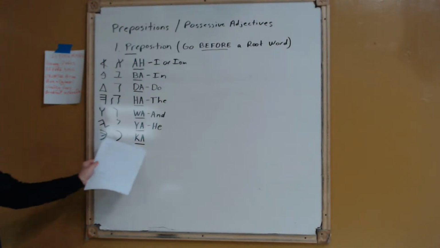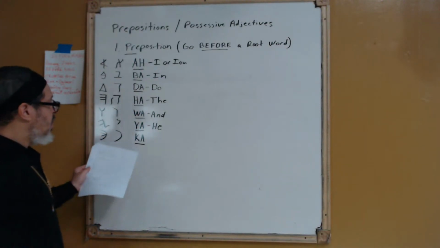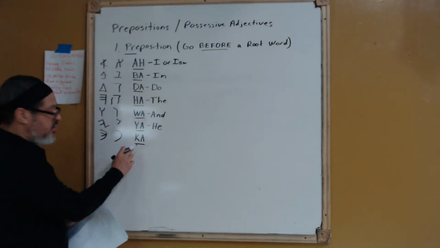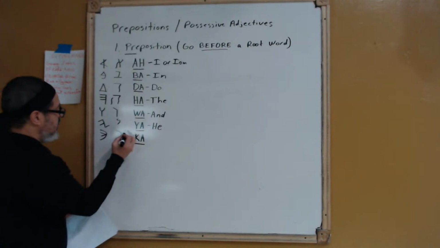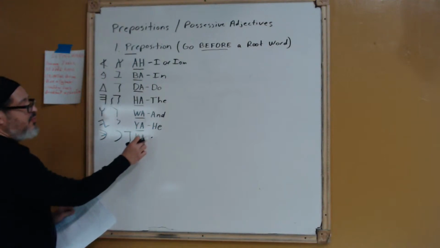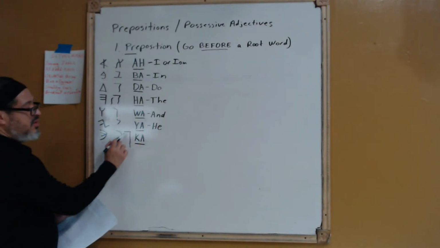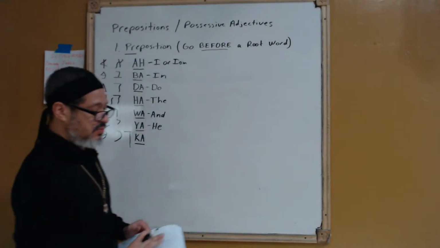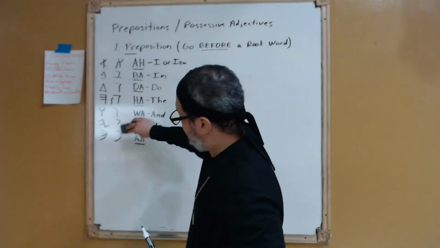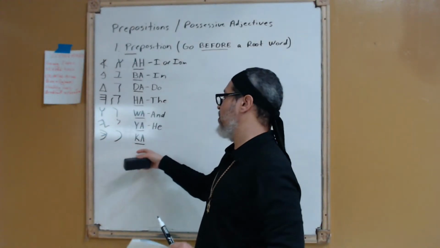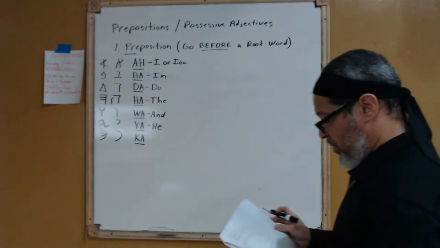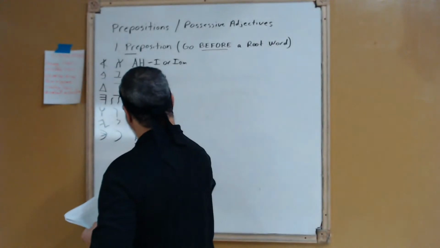Remember, ka has two different symbols in the modern, but we're talking about if it's the first part of a word, so this will be the symbol we use. This other one won't be used at the start. So it'll be this symbol for ka, and that stands for "like".